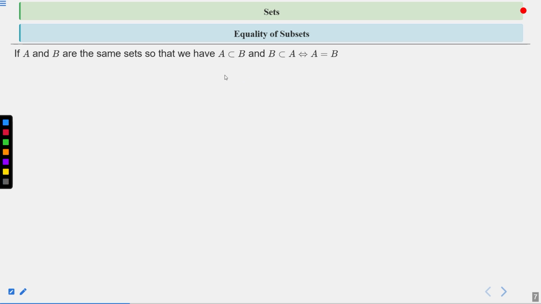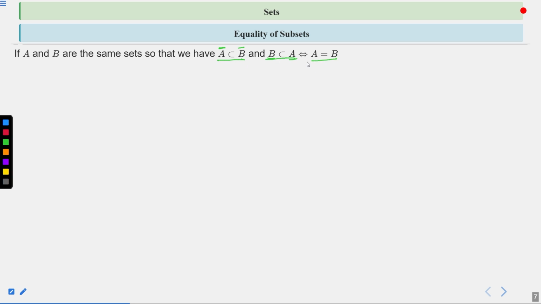Now equality of subsets. Simple. If A and B are the same set, so that we have A contained in B, we also read it as A contained in B. Why? Because every element from this set belongs to the set B. So A is contained in set B and B is contained in set A. If these two conditions are fulfilled, then you can directly say that both sets are equal sets.